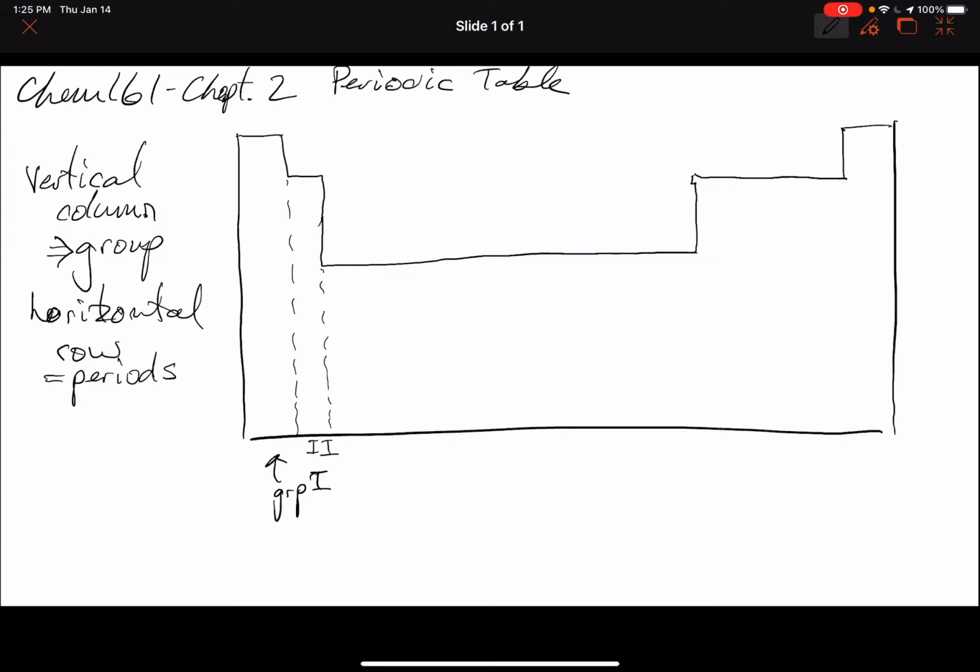The next major area of the periodic table is in this area here after group 2. And this area is what we call the transition metals.